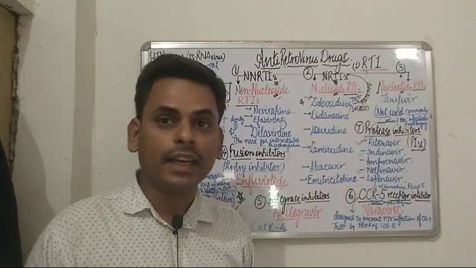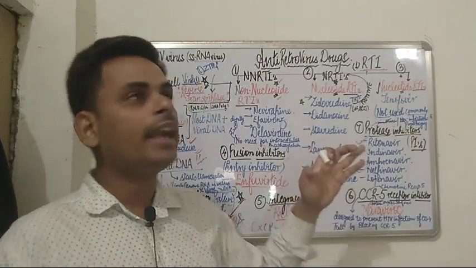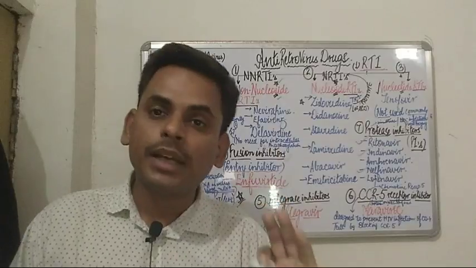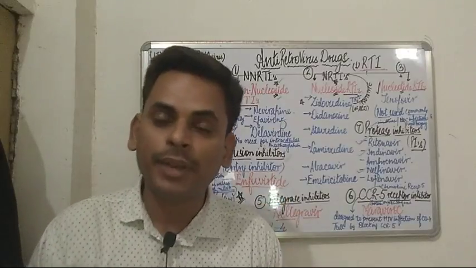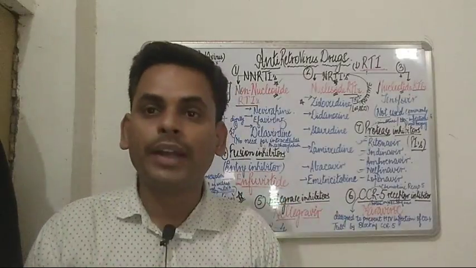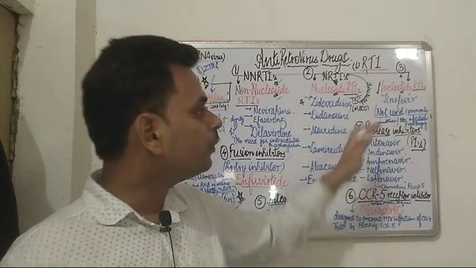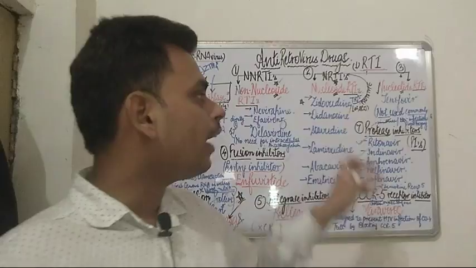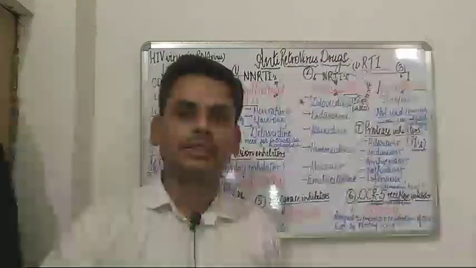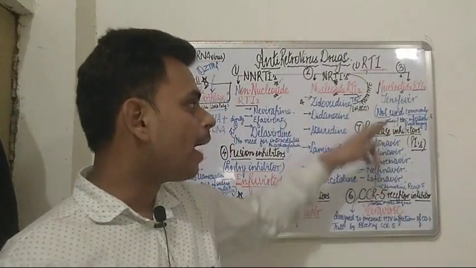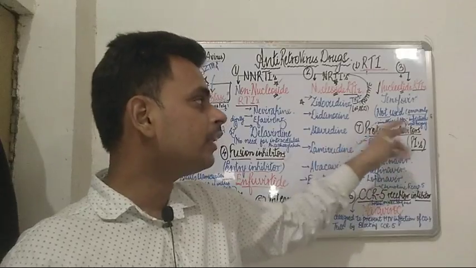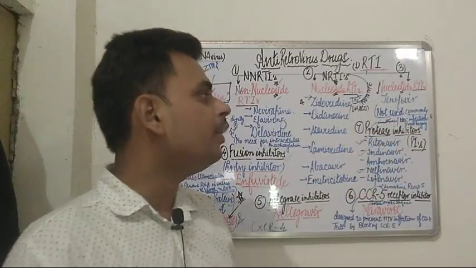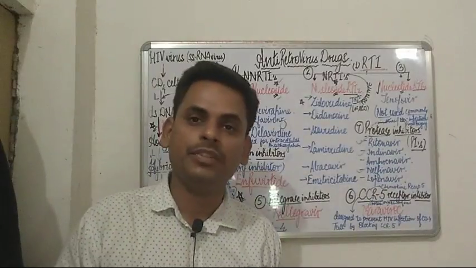As a result, the structural and the regulatory proteins which surround the viral genome and transform it into a full mature virus particle, that step is prevented by these protease inhibitors, and ultimately the virus particles produced after the use of protease inhibitors will be immature, and non-infectious viral progeny will be produced.